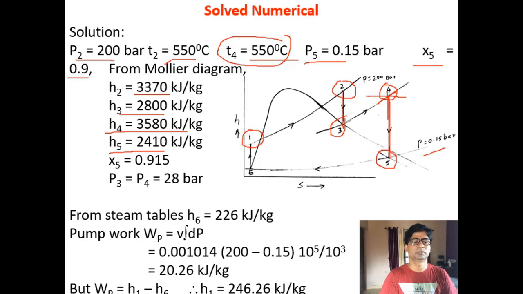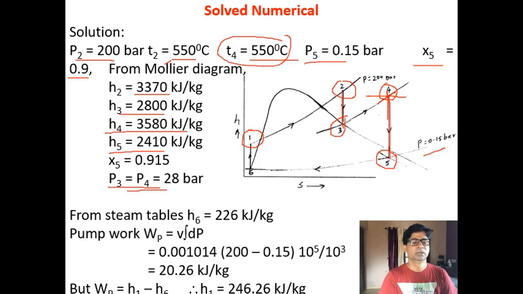From this Mollier chart, you can find out P3 is equal to P4 is equal to 28 bar. That means once you go from point 5 vertically up to intersect the 550 degrees Celsius line, the pressure will be 28 bar, which is also equal to the pressure at 3. So from 2 you have to come vertically downwards till it intersects the 28 bar line at point 3.